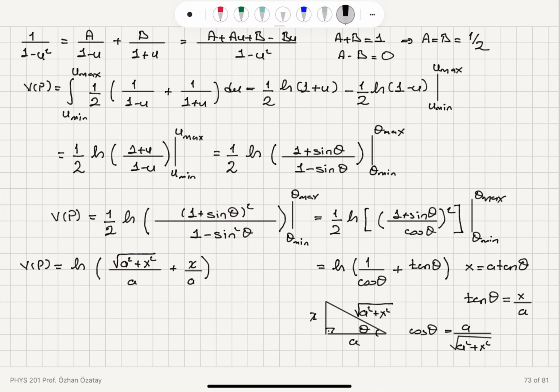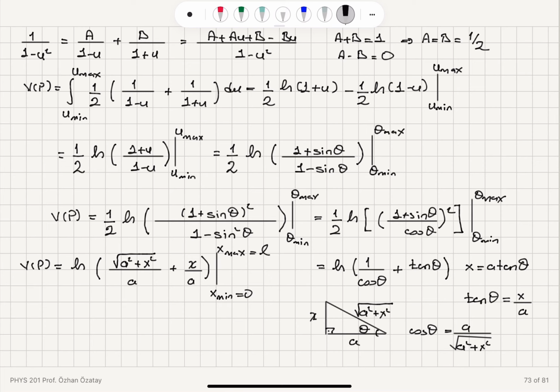And this will be evaluated between x minimum and x maximum. Now x minimum is 0, x maximum is equal to L, the length of the rod.